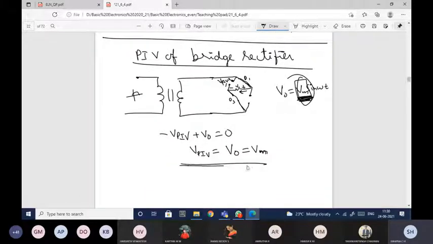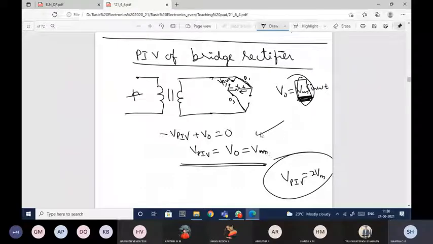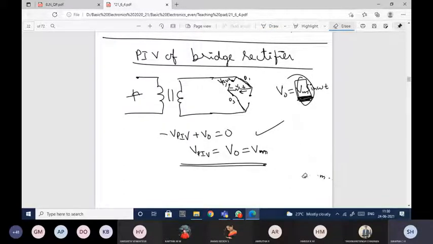So here I have got VPIV for the bridge rectifier as Vm, but for center tap we have got VPIV as 2Vm. That is the difference. So this is less when compared to this one. This is one more advantage of the bridge rectifier over center tap. So that's all with respect to the derivations. And the only disadvantage we have is that it is using 4 diodes.